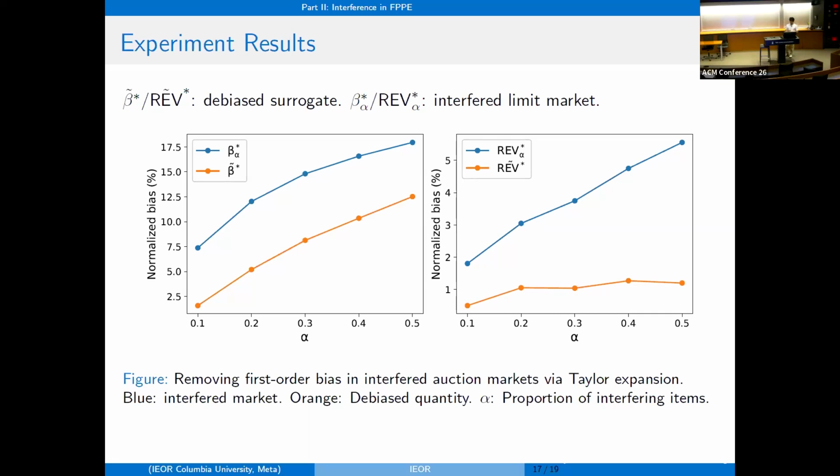And then we plot them as a function of alpha. We do see that the debiased estimate is consistently closer to the true parameter across all choices of alpha. So our procedure is straightforward, and it's working in this simulation.